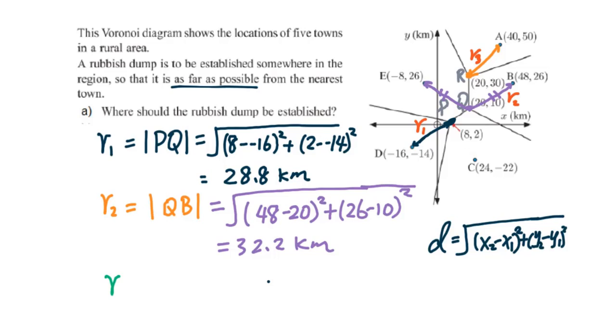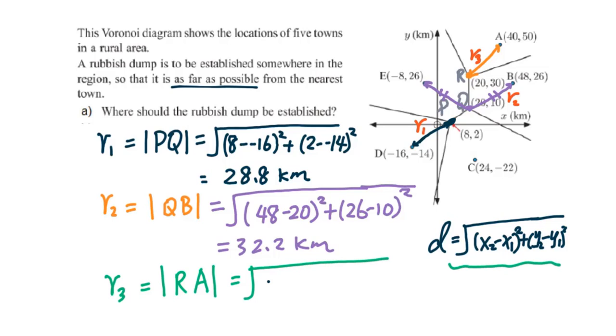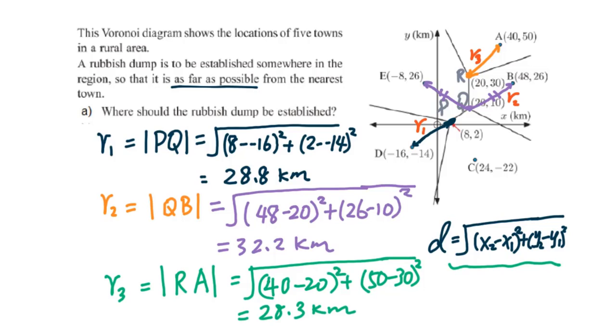For R3, equals the absolute value of RA. Use the formula of distance. You will get the square root of (40 minus 20) squared plus (50 minus 30) squared, equals 28.3 kilometers.